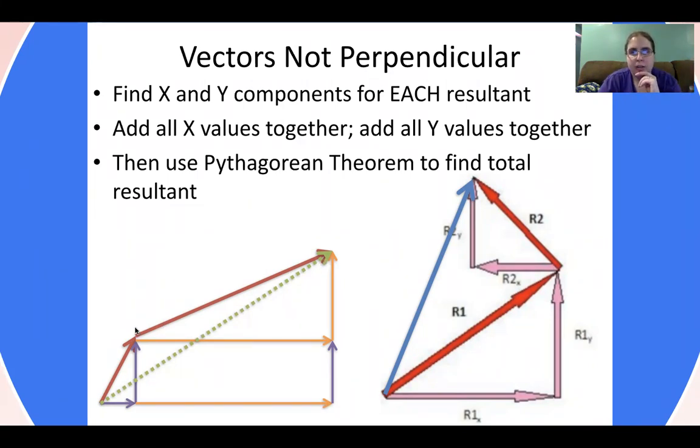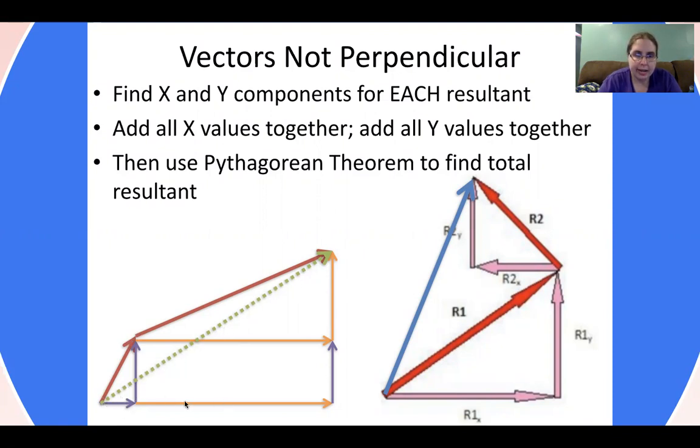But what I could do is look at each vector individually, turn it into a right triangle, and find its own individual x and y values. So I find this x value and I find this y value. Then for this vector, I find its x value and its y value. Now their resultant is this green dotted line.